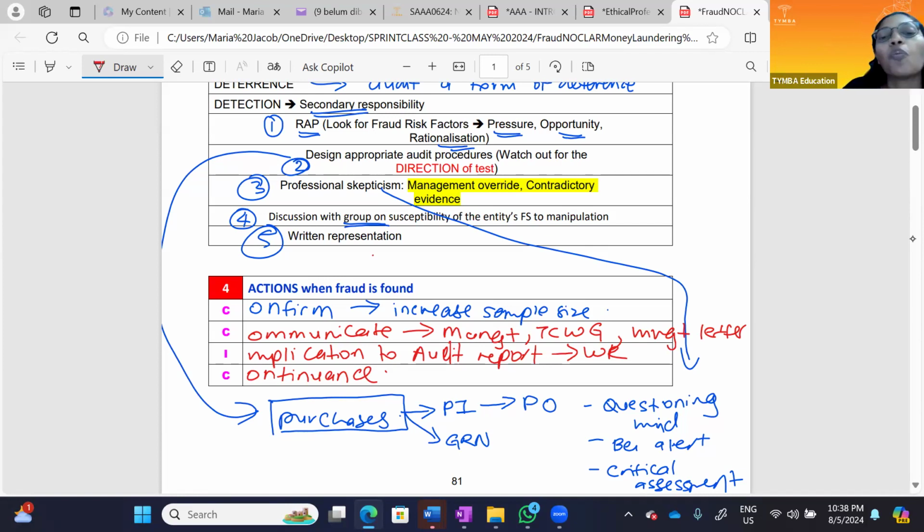So you may want to consider continuance, and you may decide on continuance based on the integrity of the client. So your action when you have found a fraud is CCIC.